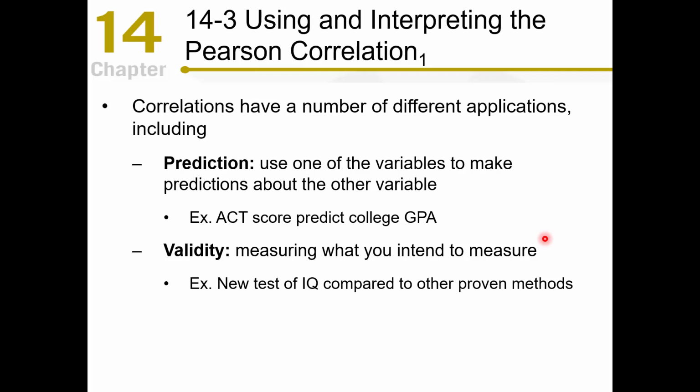So we use one variable to make predictions about the other. So if I look at everybody's studying habits, I can almost predict how high your grade will be. And again, that's not for everyone, but that's the pattern that you see. Here's an example: ACT scores predict college GPA. The higher your ACT scores, usually the college GPA is a little higher.